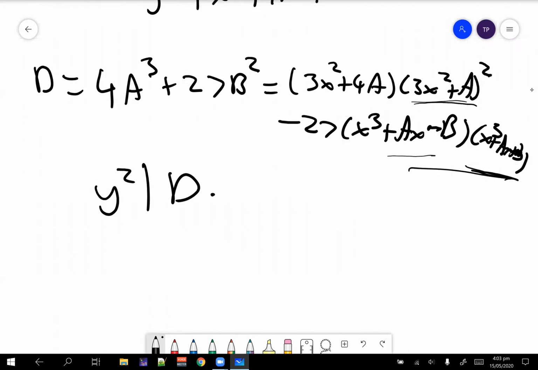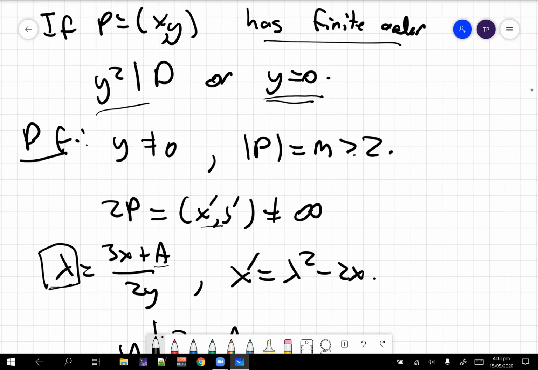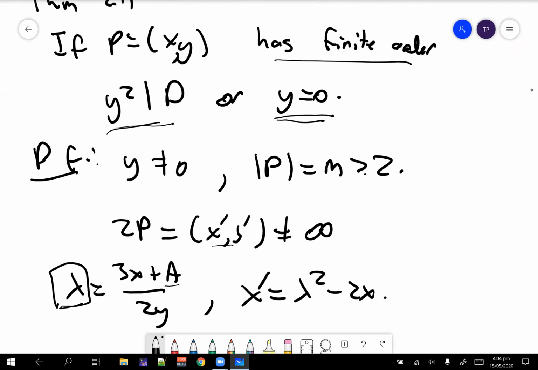We've proved that if a point has finite order, then it has integer coordinates, and the second coordinate y either is 0 or y squared divides d.